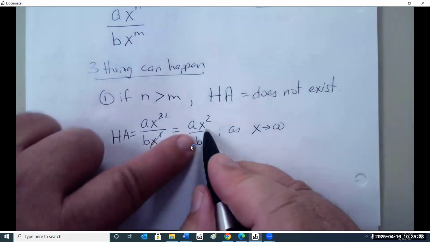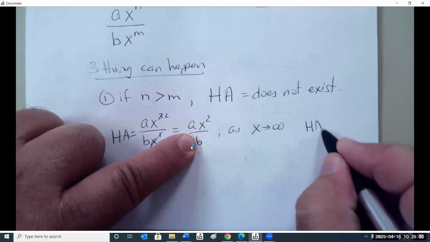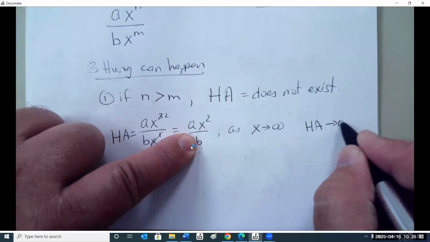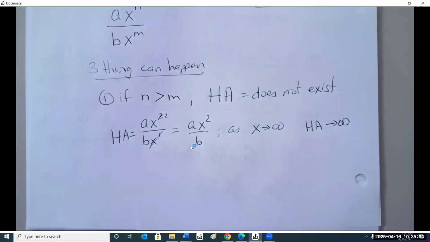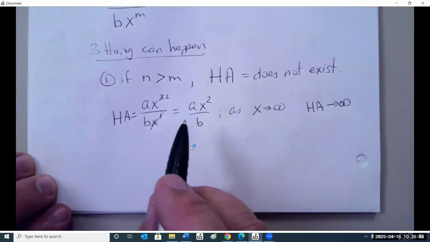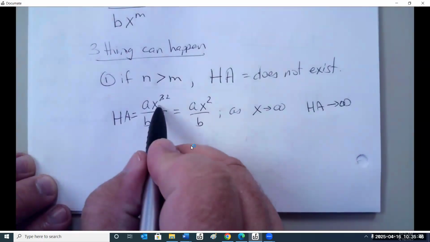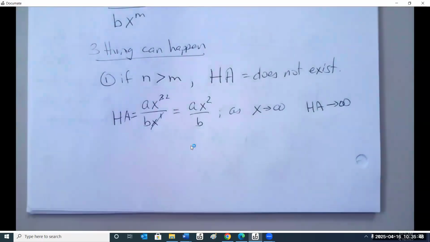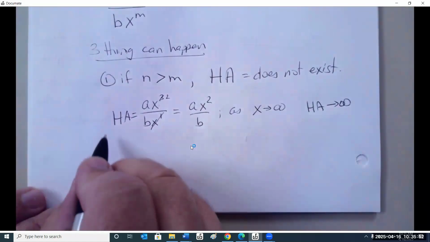As x goes to infinity, the horizontal asymptote goes to infinity. So there's no horizontal asymptote. Does that make sense? If there's more x's on top than the bottom, then the equation goes up. It never stops.